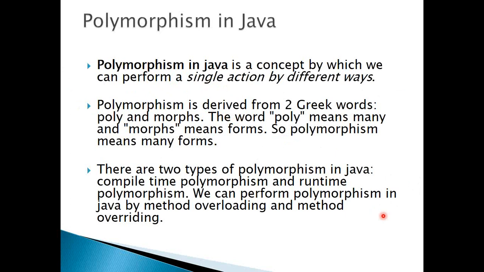The same person behaves differently in the office and differently at home. Similarly in Java, the same object performs in different ways. So we have two types of polymorphism: one is compile time and the other is runtime.